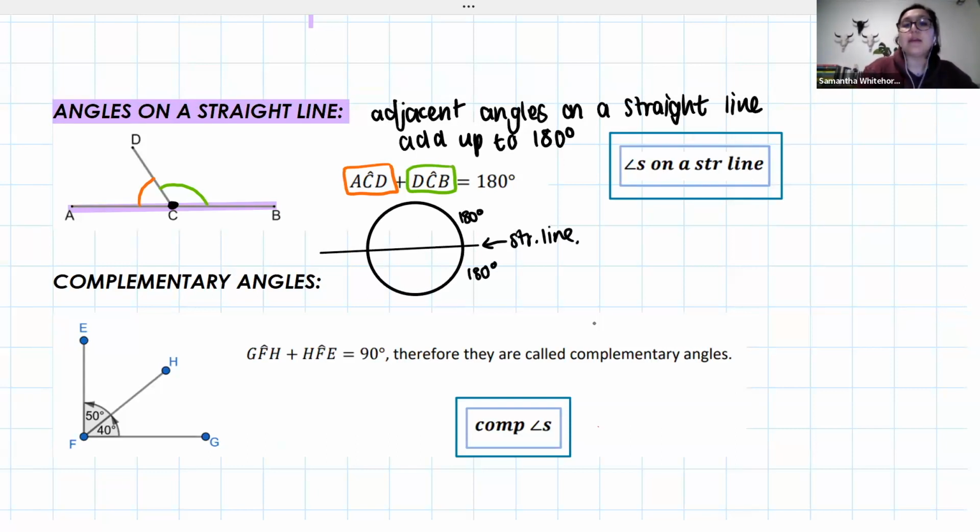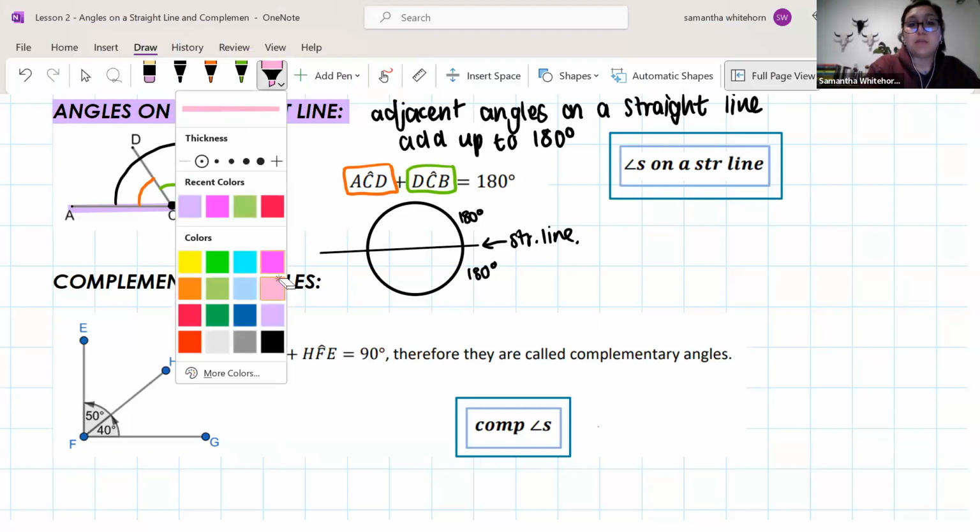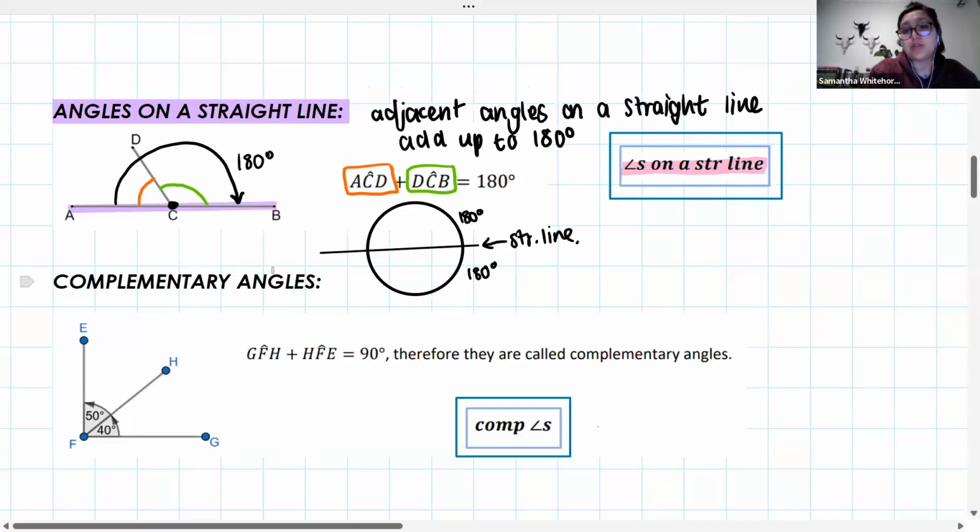All right, so it makes sense that if I'm cutting a circle in half, I'm only working with half the number of degrees. Now, again, anytime in geometry that we make a statement, we have to give a reason. It is a non-negotiable fact of life. Your reason that you are going to use, remember, I always put them in the block. The reason that we use is angles on a straight line.